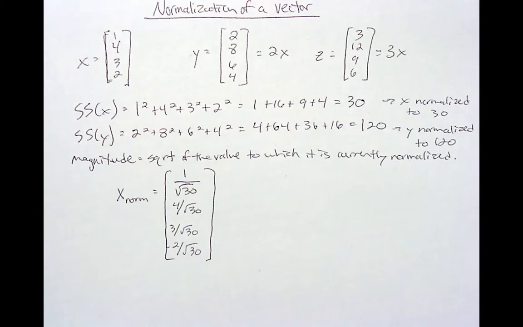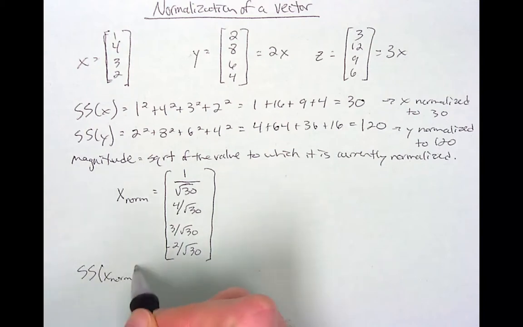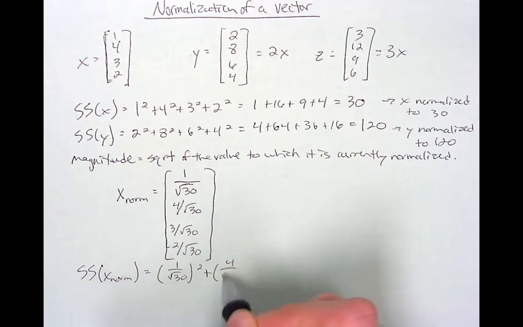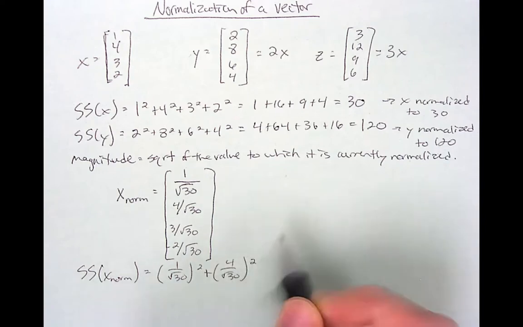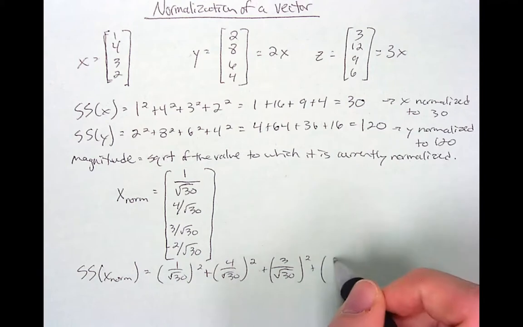So let's take the sum of squares of this one. The sum of squares of x norm is going to be 1 over the square root of 30, squared, plus 4 over the square root of 30, squared, 3 over the square root of 30, squared, and the last element squared.